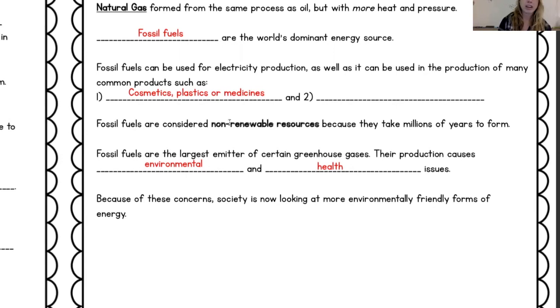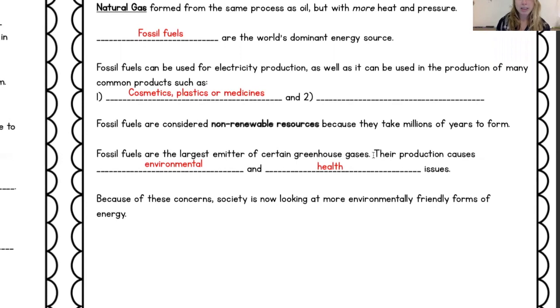Fossil fuels are considered a non-renewable resource because they take millions of years to form. It takes a long time. So these things aren't just going to come back. We're not going to make new oil in our lifetime. So it's important that we use it wisely. Fossil fuels are the largest emitter of certain greenhouse gases.